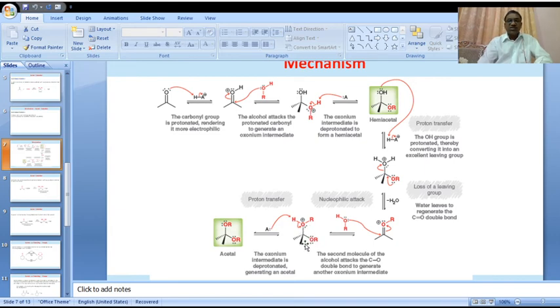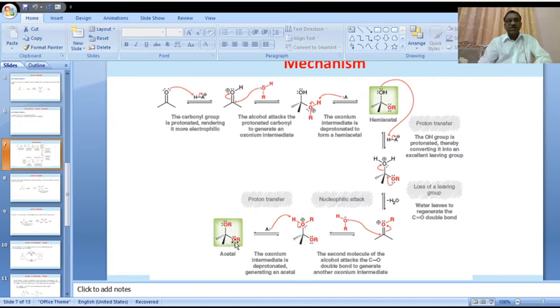From this, in another proton transfer step, the A minus ion abstracts hydrogen from this oxonium intermediate. The oxonium intermediate is deprotonated, with loss of a proton, generating an acetal.